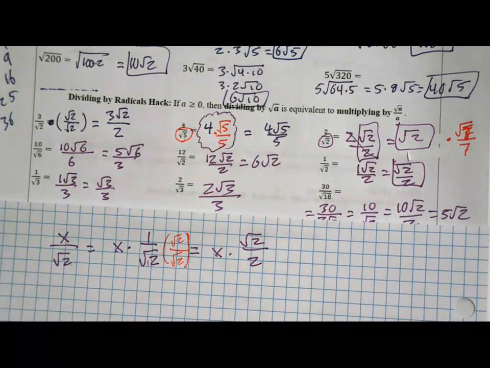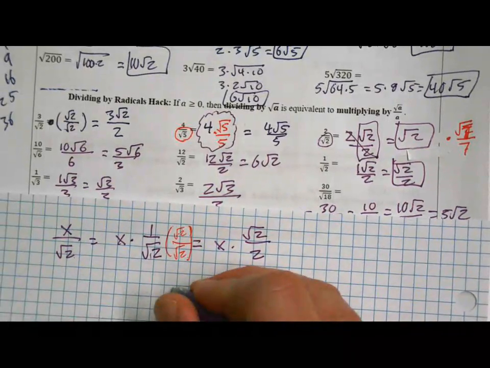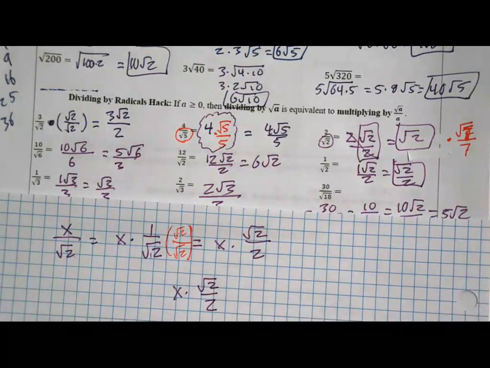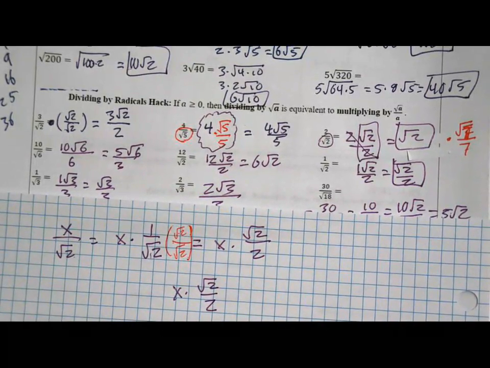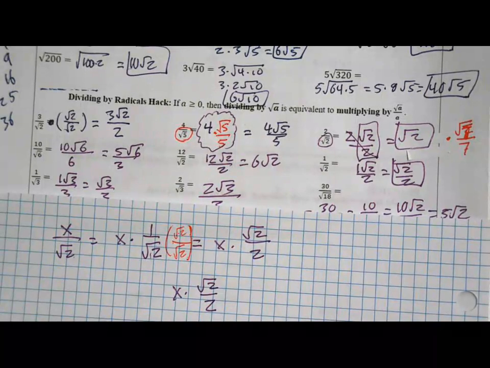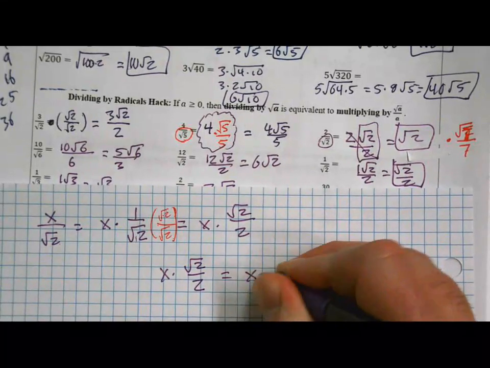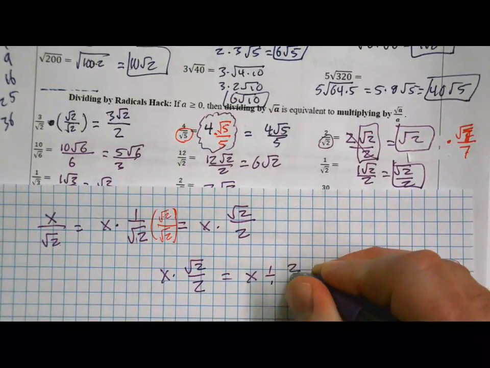Or here's another way of thinking about it. If we started here, x times root 2 over 2, and I did the reciprocal of root 2 over 2, that would be the same as x divided by 2 over root 2.